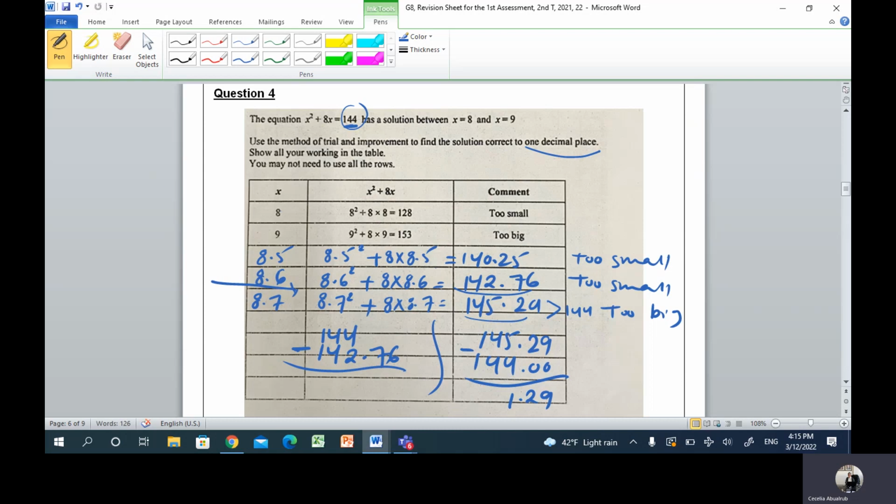And if I take the 144 minus 142.76, the difference here is 1.24. This one has a less difference, and which x gives me the 142.76? It's the 8.6, so the answer of my x is 8.6.